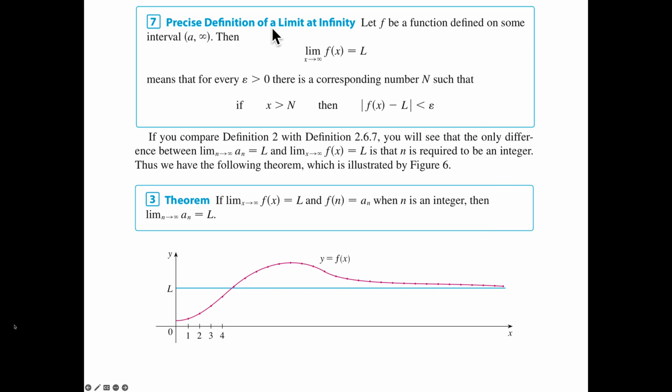The precise definition of a limit at infinity, when we use function notation, is the exact same setup for sequences.